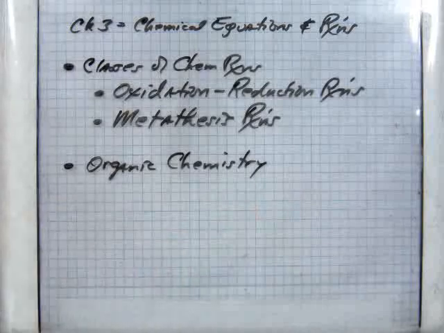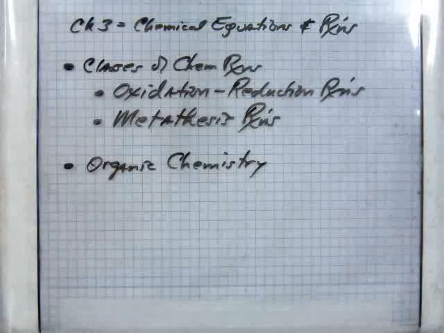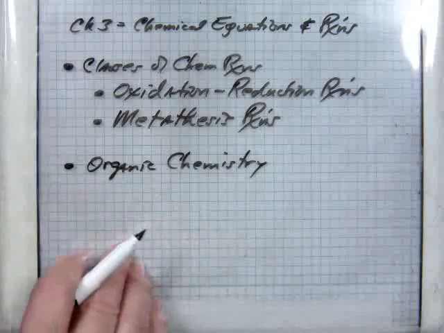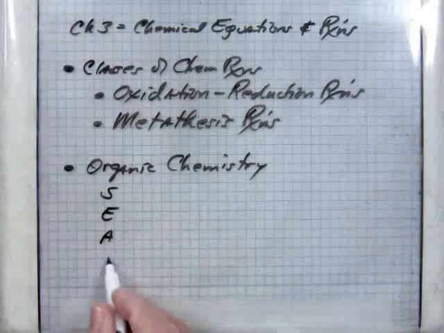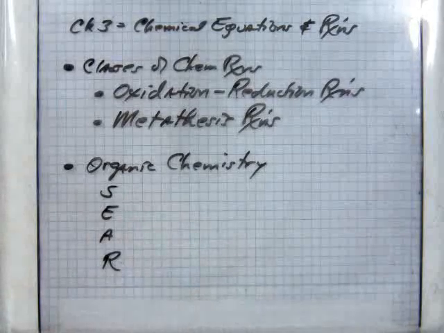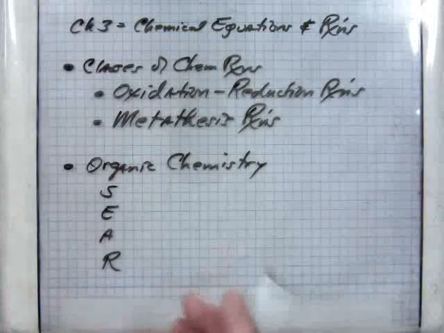And what makes this note useful to you is I've created an acronym that you can take to the future if you do take organic chemistry, and hopefully this will pop into your mind when you do take the course. SEAR, like Sears and Roebuck. It makes the classes of reactions a little more memorable.